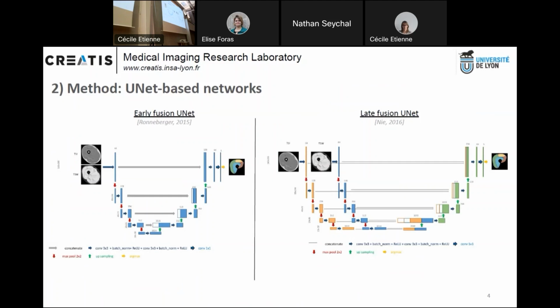And I also didn't say, but the late fusion network is said by literature to be more effective than the early fusion network. However, it has more parameters, so it was interesting to see whether we could get similar results with the early fusion UNet.